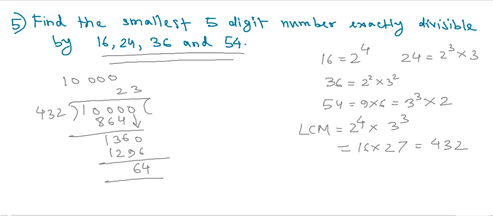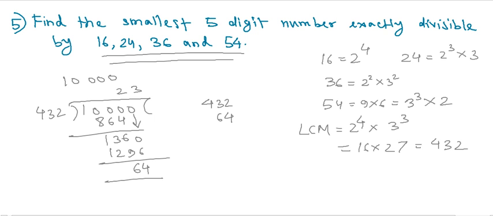Now we have to find out the smallest 5-digit number that is exactly divisible by this number. So if we subtract this number from 10,000, that will be divisible by these numbers, but the number will become a 4-digit number. So in order to get a 5-digit number, what we have to do is subtract this 64 from 432.